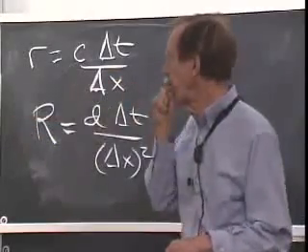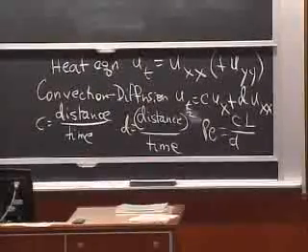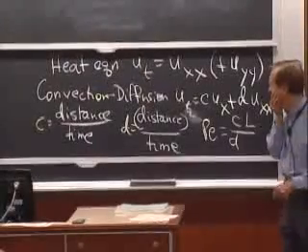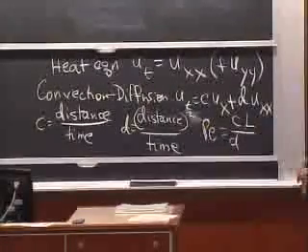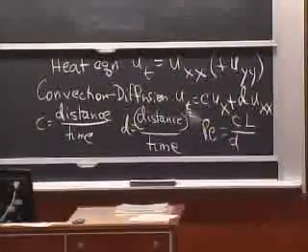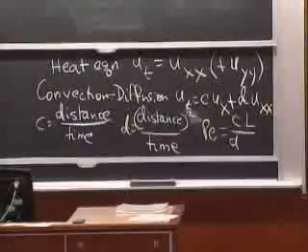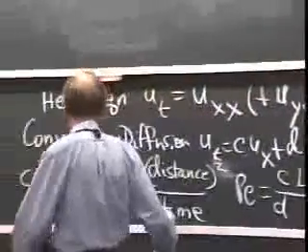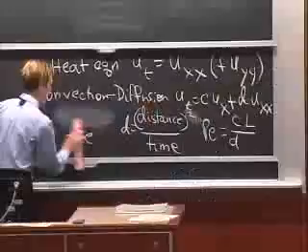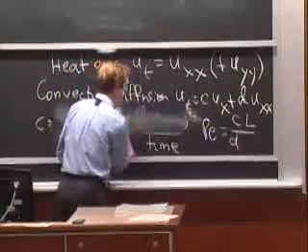Have I got the numerator and denominator correct there, or should they be reversed? Is it time over distance? I didn't expect it. It is, isn't it? Time over distance. That shows that I'm not a dimensional analyst. Let me fix it. And then that will mean fixing this.